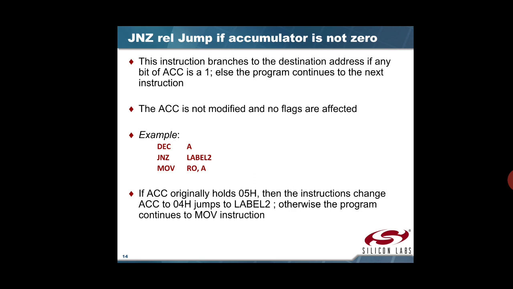When it reaches JNZ, the content of the accumulator is 04, which is not equal to 0, so it will go to the label 2 instruction. Or else, if it is 0, it will go to the next instruction, that is the MOV instruction.